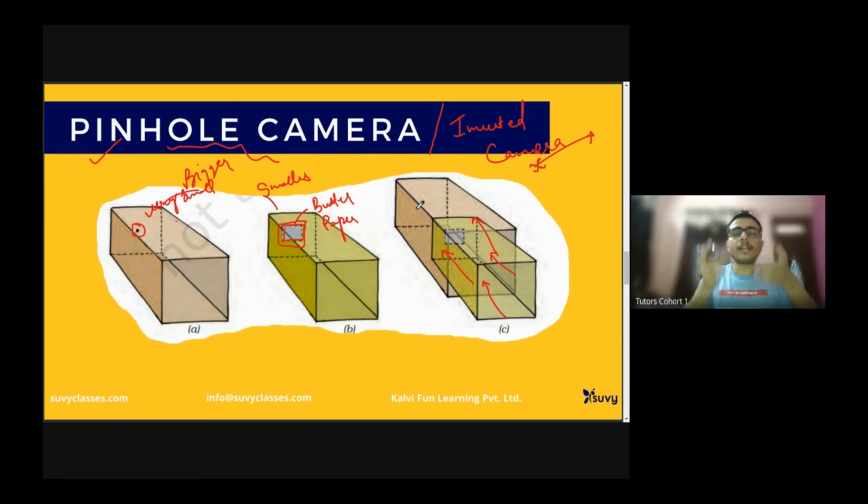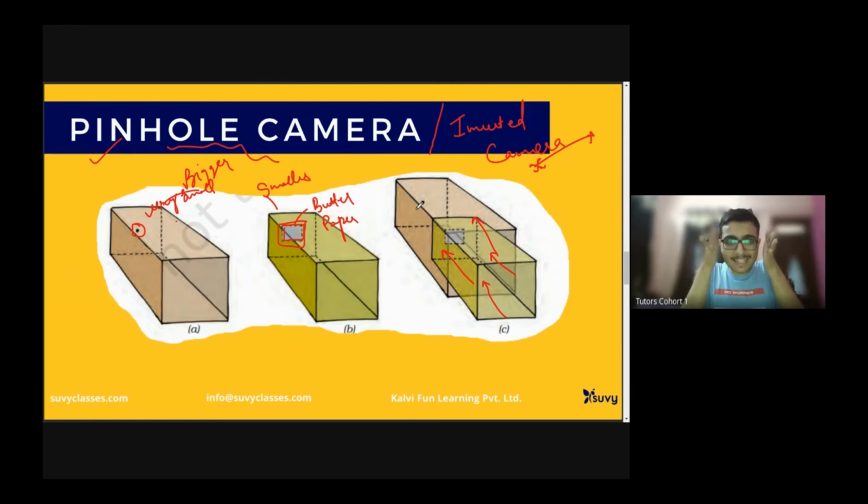So what am I doing? I have taken a small box, I am looking through it. There is a small window in front of me, covered with the butter paper or, as you said, oil paper, and after that I have a pinhole that I have made using a pin.